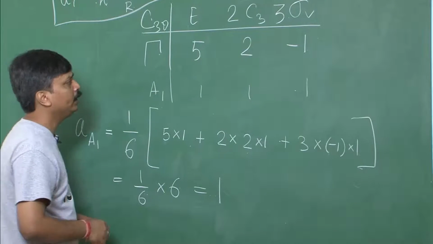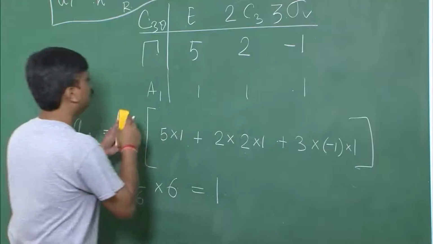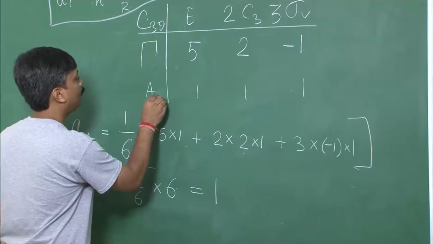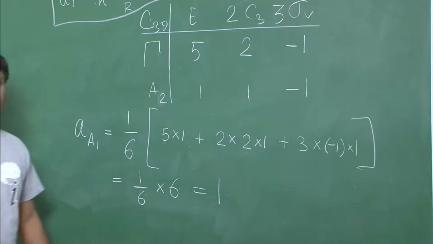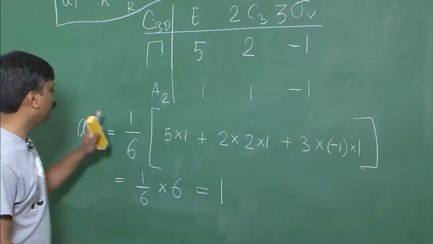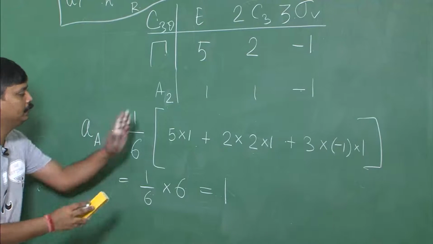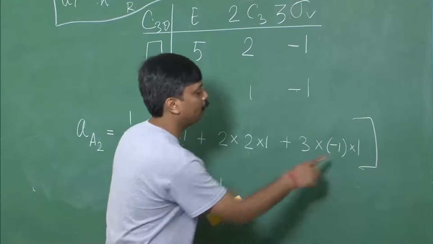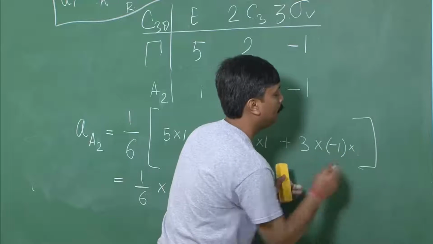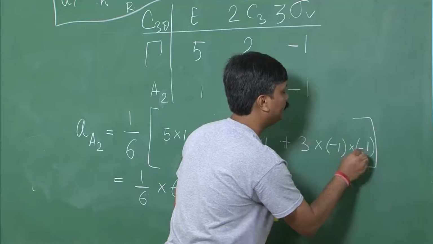Okay, so what was A2? A2 was 1 1 minus 1, right. So now if I try to find out A2, I will utilize this same platform. So only thing I have to do here, instead of plus 1, I will have minus 1 again, right.